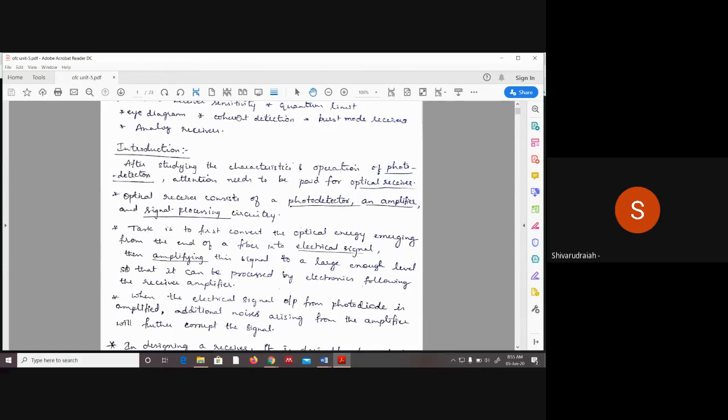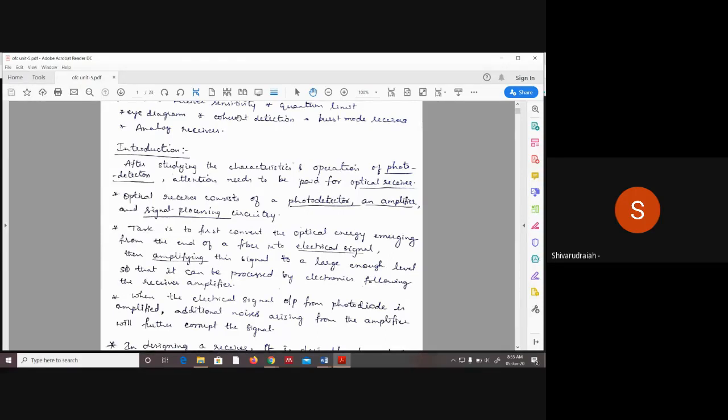These photo detectors will take light as an input. Light is nothing but photons, and these photo detectors will convert these photons into electrons. That is, photon to electron conversion happens at the output of the photodetector. Input to the photodetector is light, output of the photodetector is electrical signal.